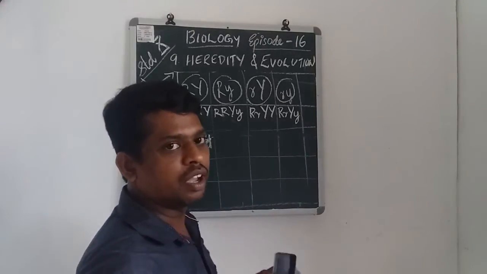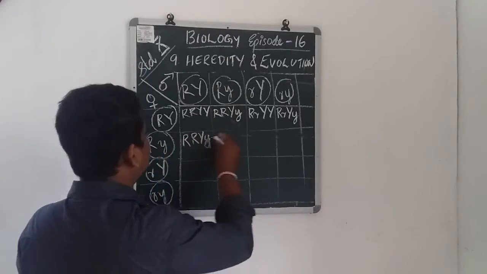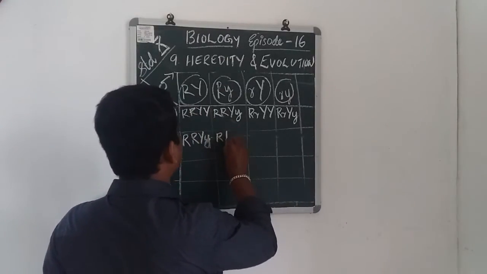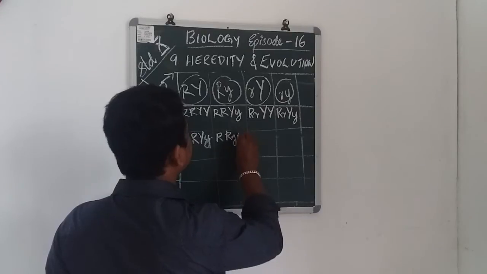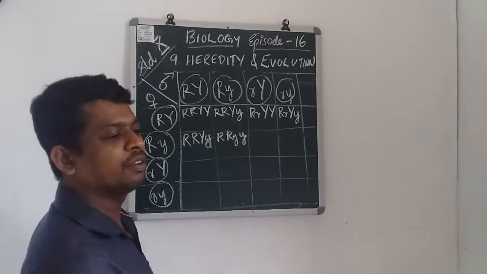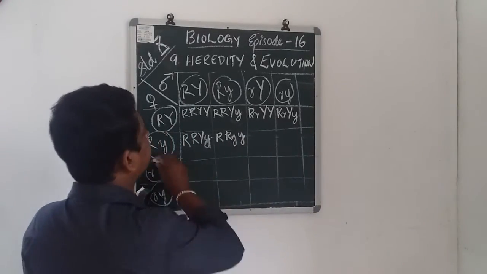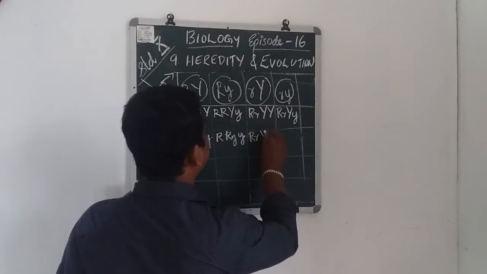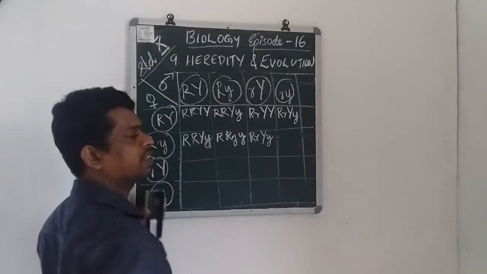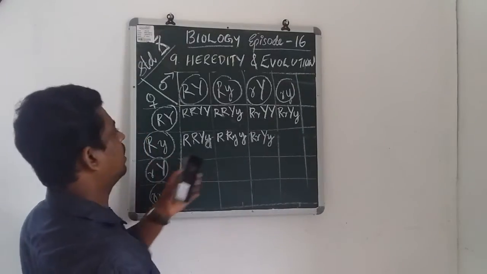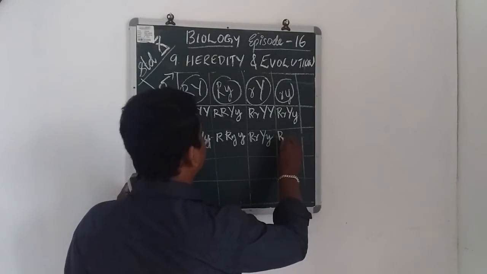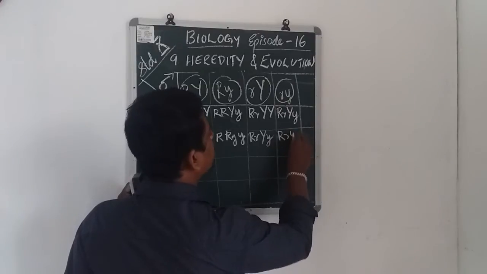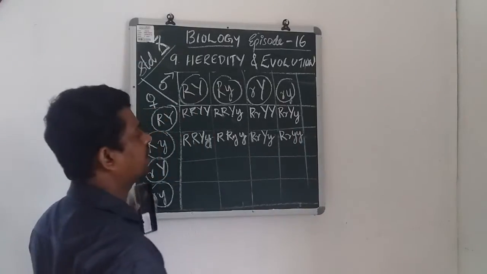Are you writing? Yes, look at it. Another one, capital R, small r, capital Y, small y, and then last, capital R, small r, small y, small y.